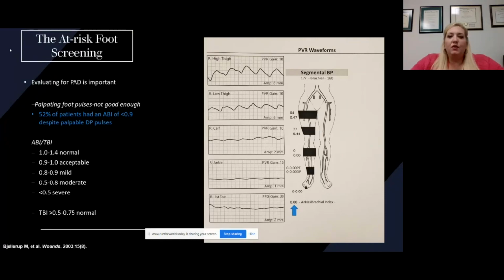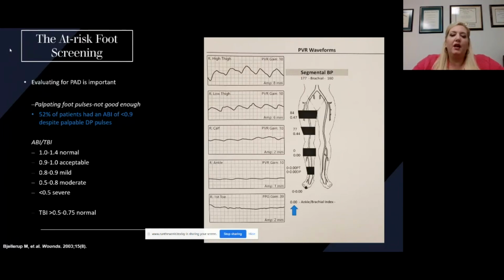You'll see that although the patients do have microvascular disease and some calcifications in the small vessels of the foot, the toe brachial index is probably a better screener for what blood flow is distal to the ankle. And obviously with diabetic foot ulcers, that's where the problem is.